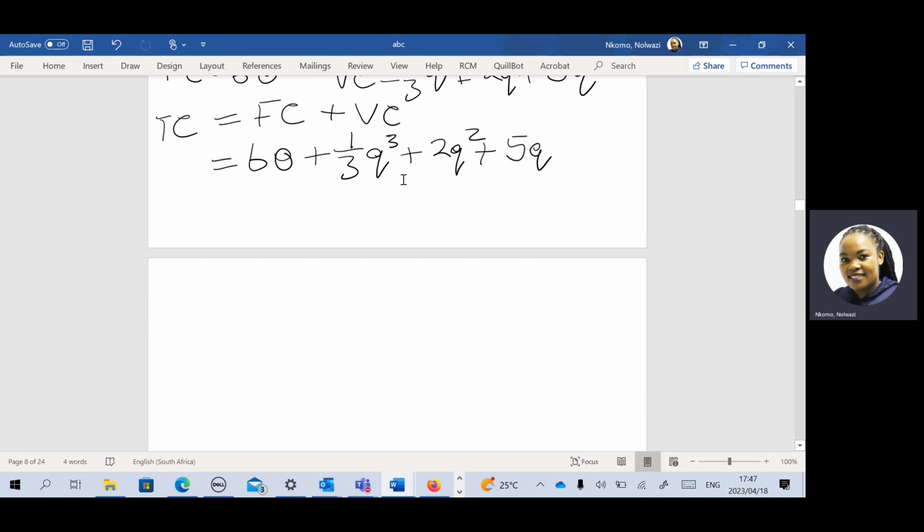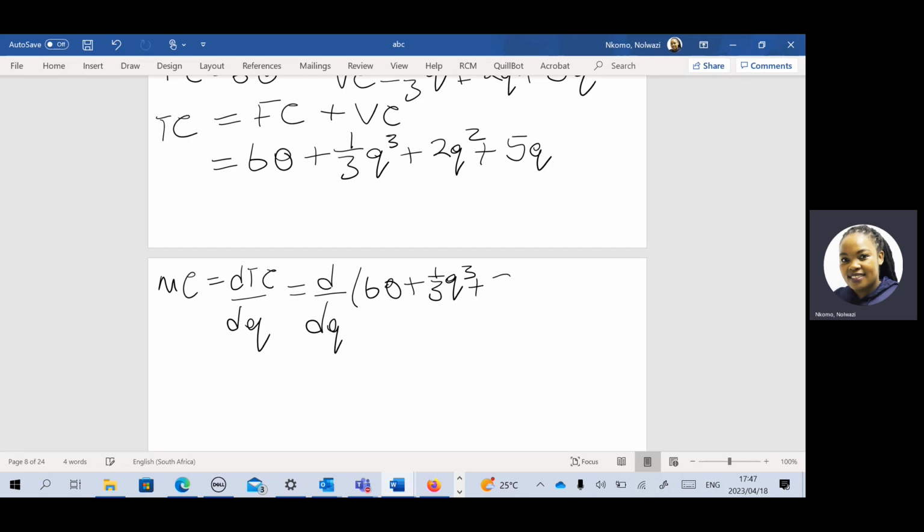We have the total cost. You can use the total cost to find the marginal cost. We know that the marginal cost is equal to the derivative of the total cost. So this means the marginal cost would be d/dQ of 60 plus 1/3 Q cubed plus 2Q squared plus 5Q.